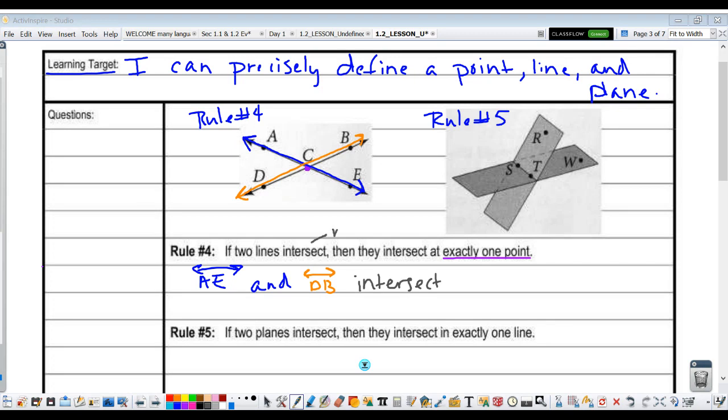Another word for intersect is that they meet. We can say that they intersect or meet at point C. I'm going to highlight that. That is very important.